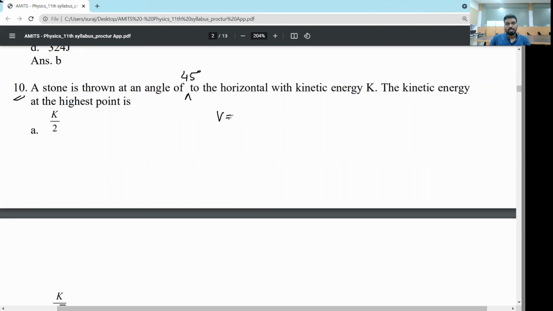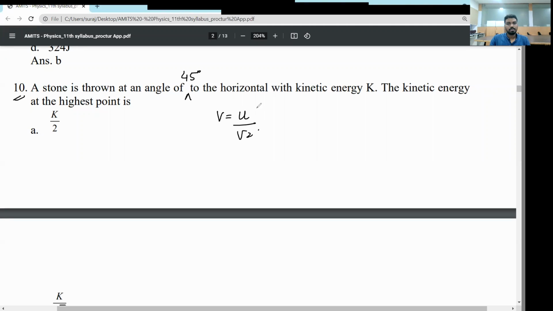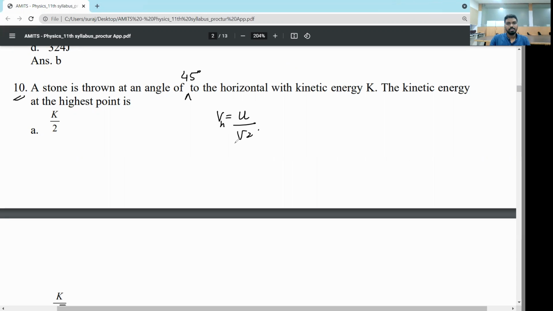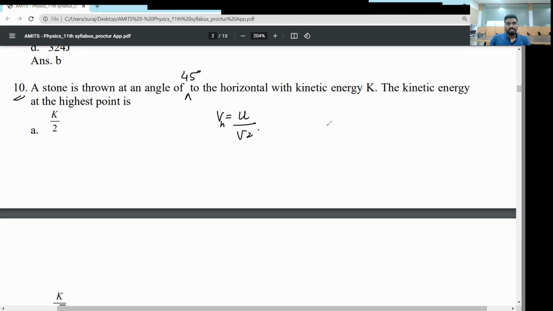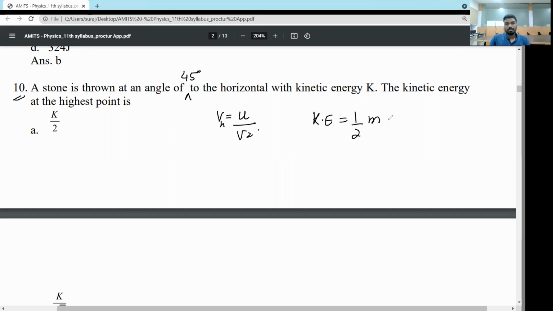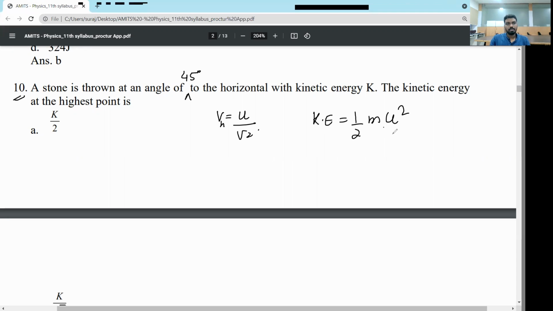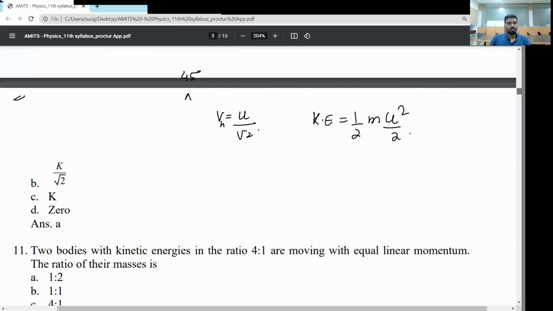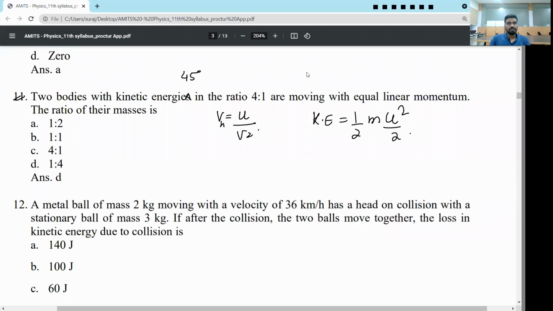At the highest point, u cos theta means u by root 2. So kinetic energy will be half m v square, that means half m u square by 2. So option A is correct, because half m u square is nothing but the initial kinetic energy. So K by 2.